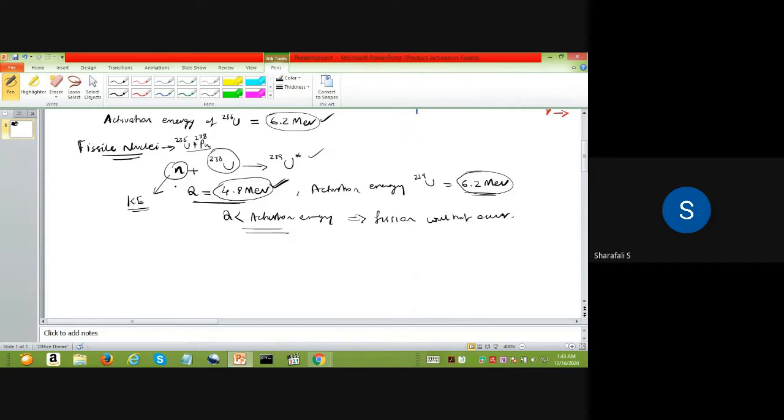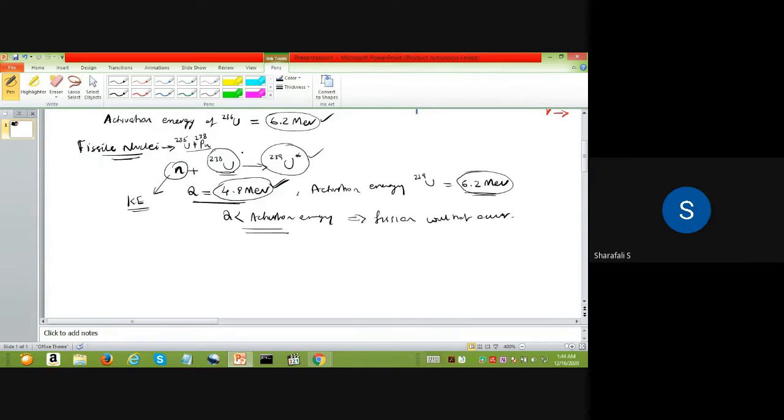When it is accelerated and these neutrons have enough kinetic energy, and they approach this uranium 238, in that particular case this uranium 239 in the excited state will have more energy. When the neutrons have more kinetic energy, we call them energetic neutrons. Just before that reaction, we call them thermal neutrons, when the neutron has very low energy.